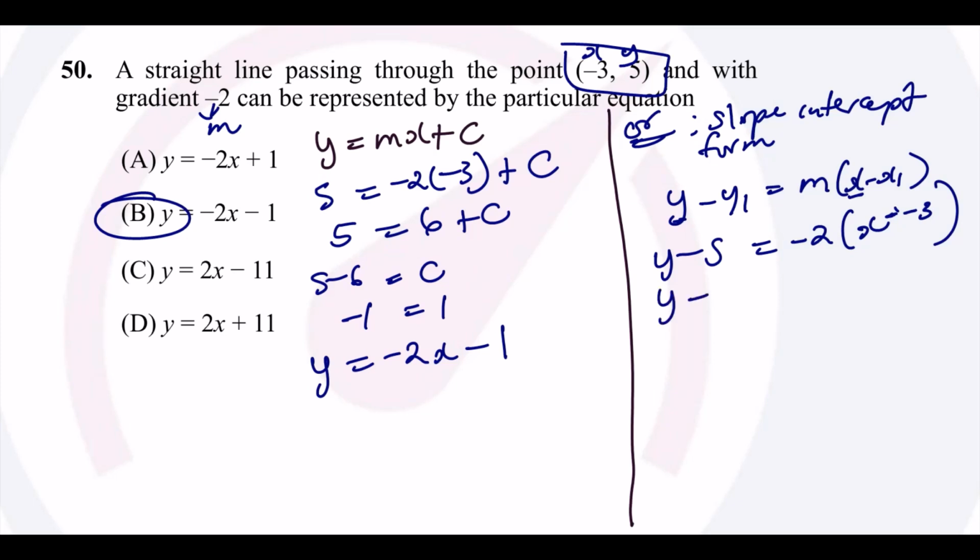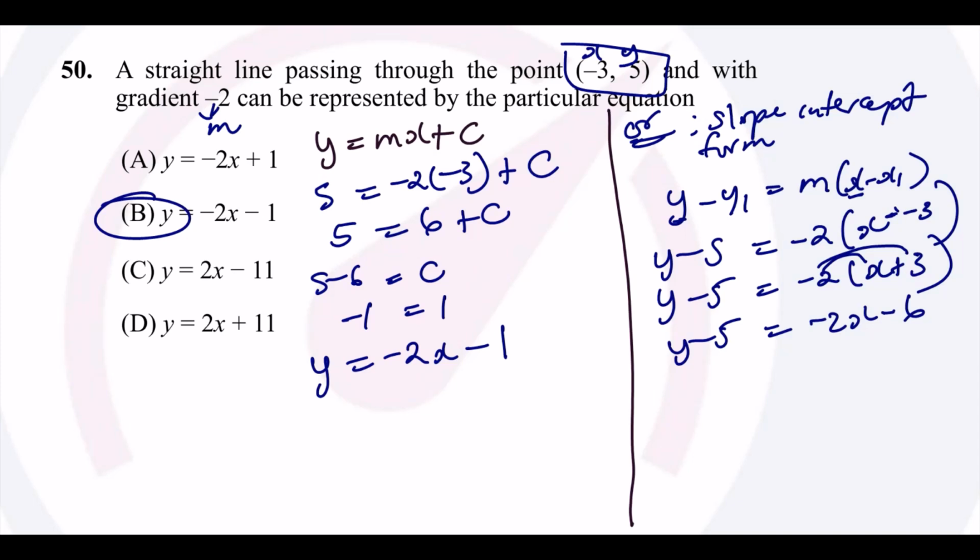So now we have y minus 5 is equal to negative 2, and we have x plus 3 in the bracket here. So y minus 5 is equal to, let's apply our distributive law, negative 2x times negative 6, so negative 6.